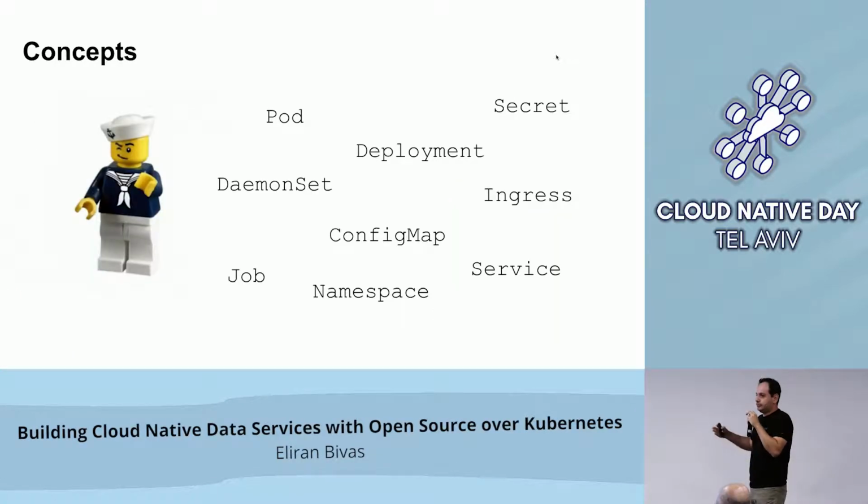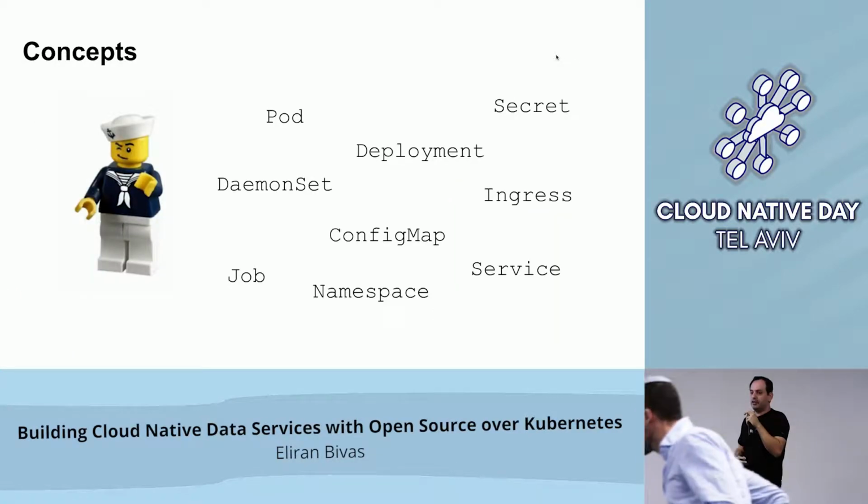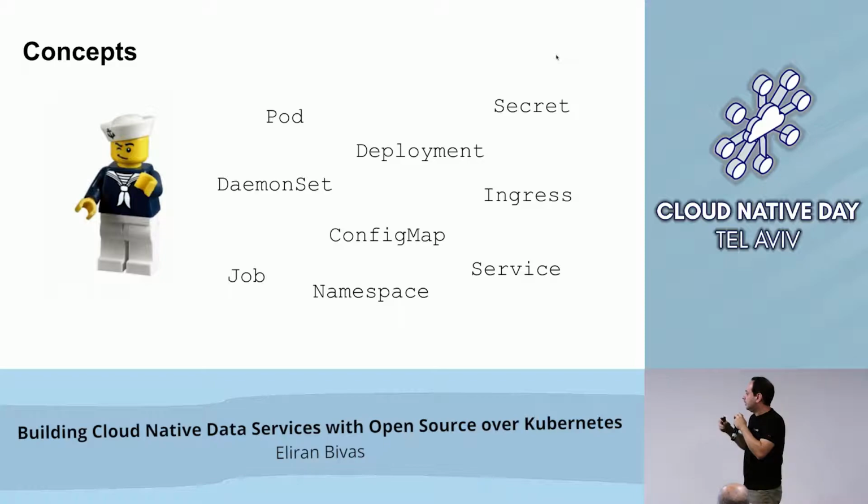Now, when you first try Kubernetes, you have a huge list of concepts that you have to understand. You have to understand which is which and when to use what. Our services sometimes utilize pods, sometimes a daemon set, a deployment, and you need to know when to use config maps and when to use secrets. As you progress with the versions and your deeper understanding of Kubernetes, you add new objects.